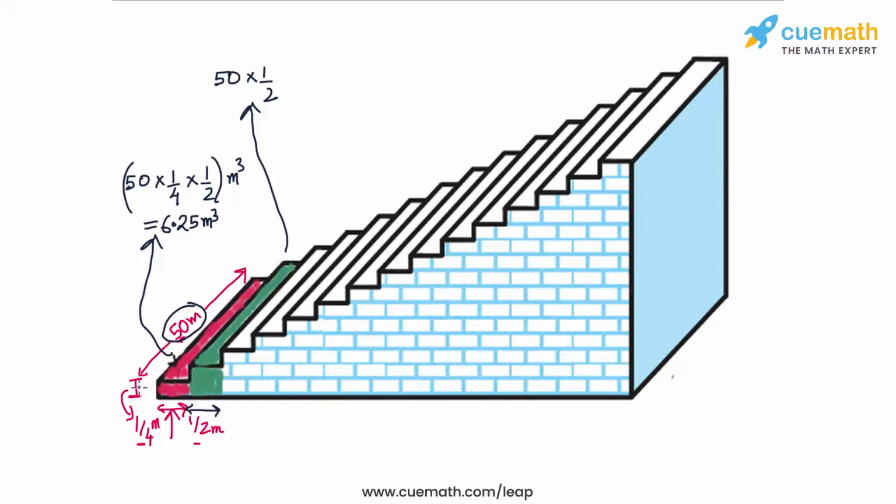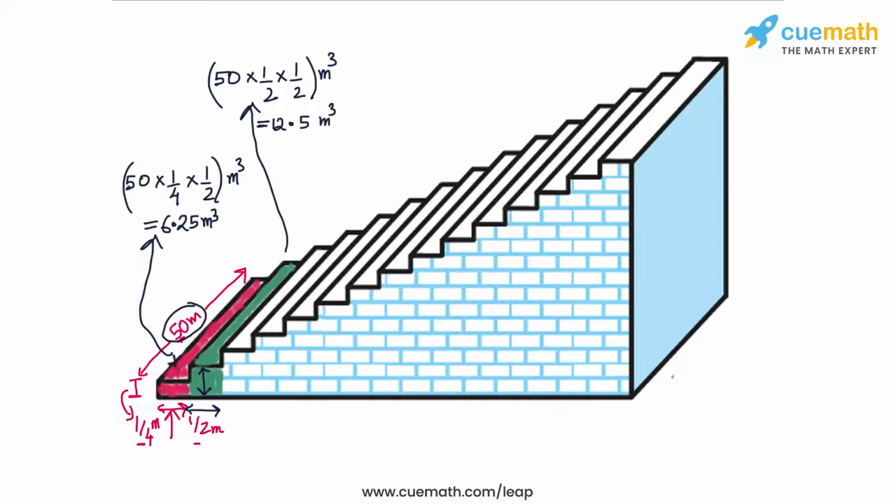The height of the first step is 1/4. So the total height of the second step will be 1/4 plus 1/4 or 1/2. So the total amount of concrete for the second step cuboidal structure will be 50 into 1/2 into 1/2. That's 50 into 1/4 or 12.5 meters cube. So this is the volume of the second step.